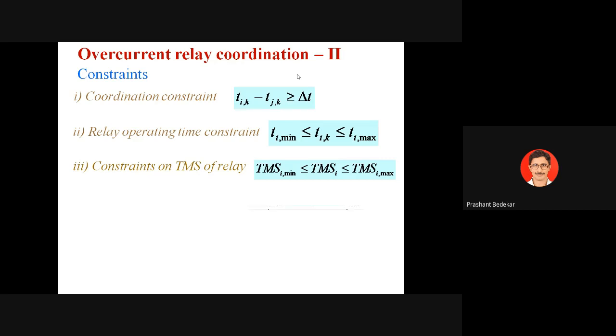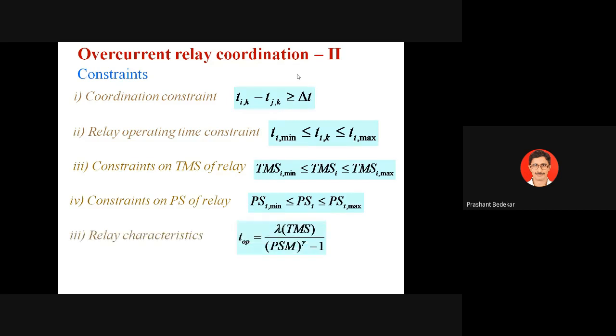Then there are constraints on plug setting, with a lower limit and upper limit, and the relay characteristic constraint. So now instead of 3, we have 5 sets of constraints.